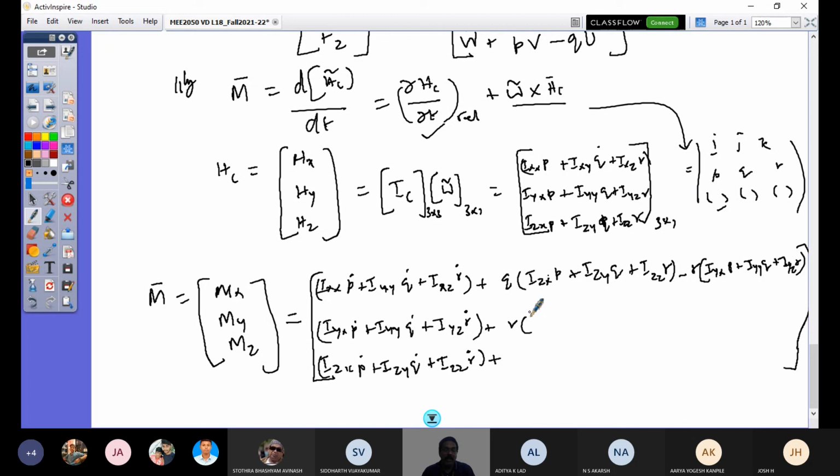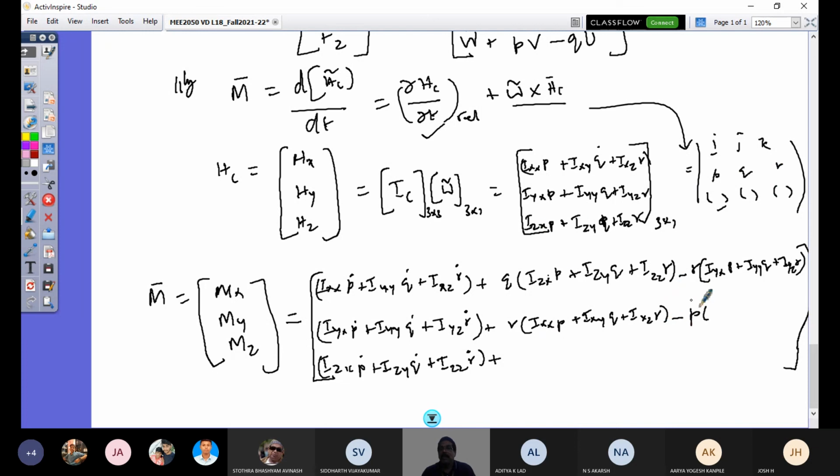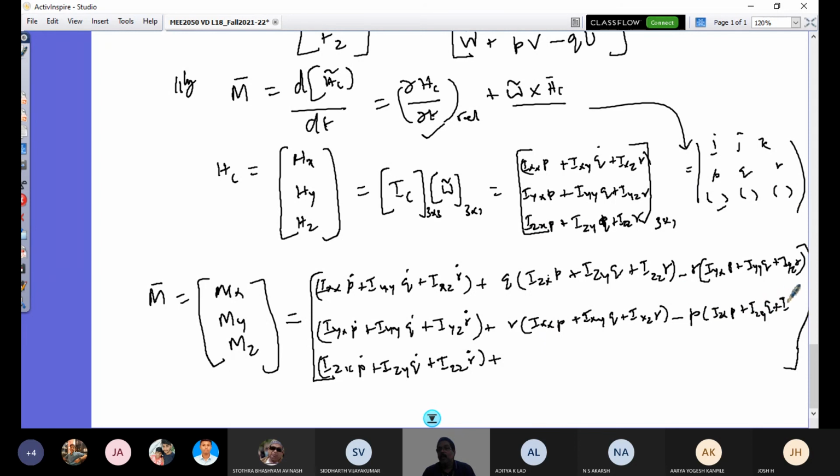So that's r into the first term, Ixx p plus Ixy q plus Ixz r, minus p into the third term, Izx p plus Izy q plus Izz r. This is my moment about the lateral axis.